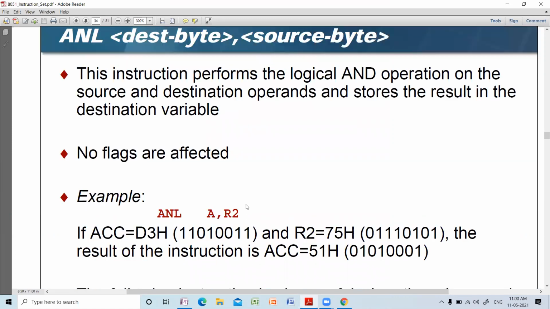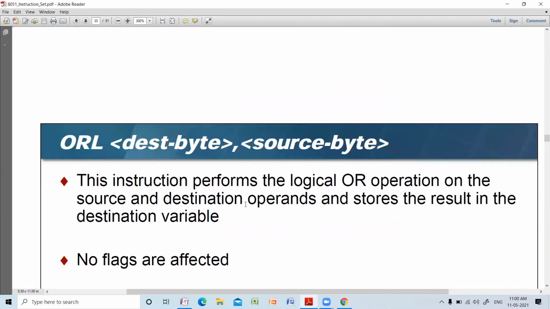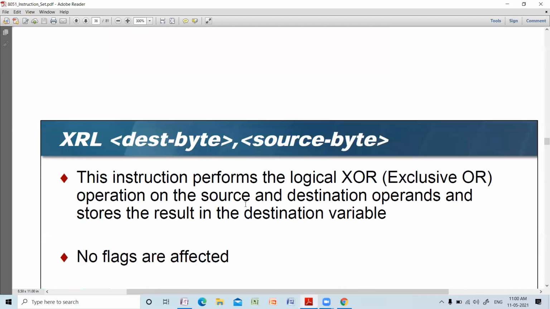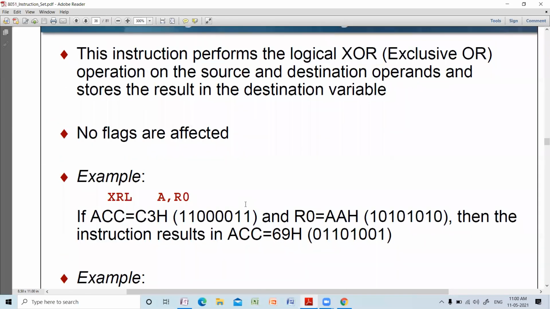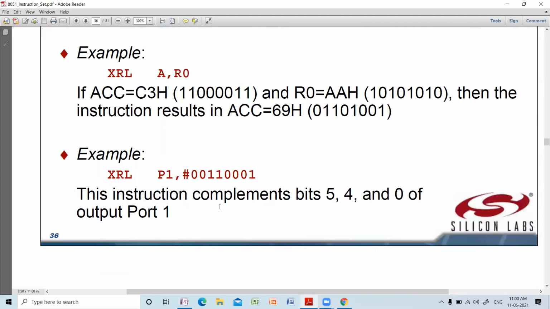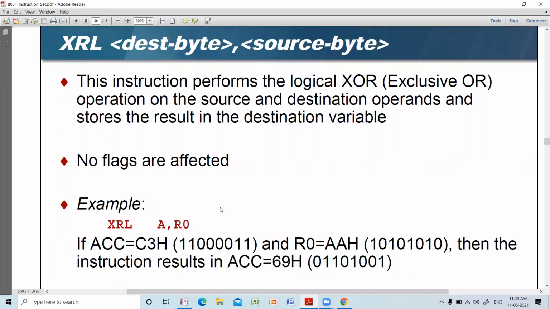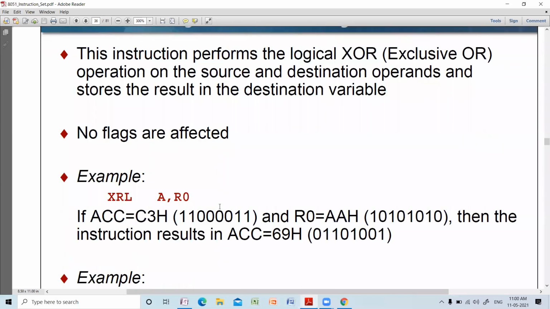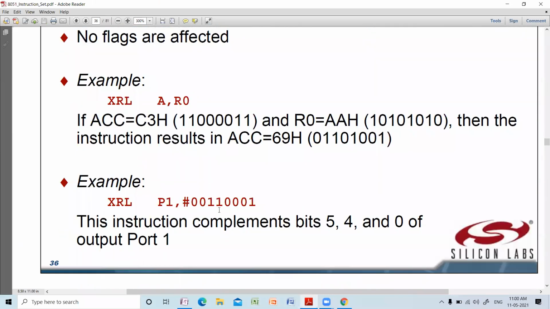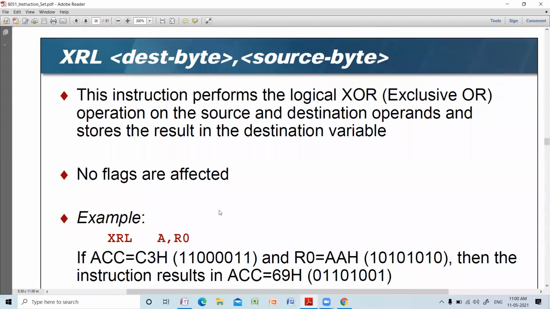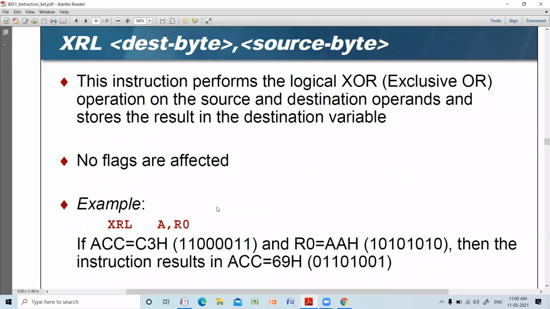This instruction performs the logical XOR operation on the source and destination operands and stores the result in the destination. Once again, no flags are affected. This instruction is used as a complement operation, to complement the bits of the port.